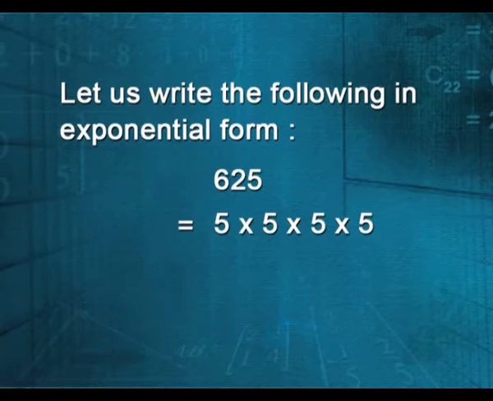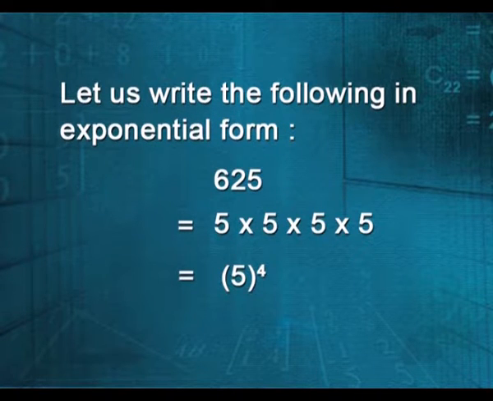So, the number 5 is multiplied to itself how many times? 4 times. Therefore, the exponential form will be 5 raised to power 4, where 5 is the base and 4 is the power.